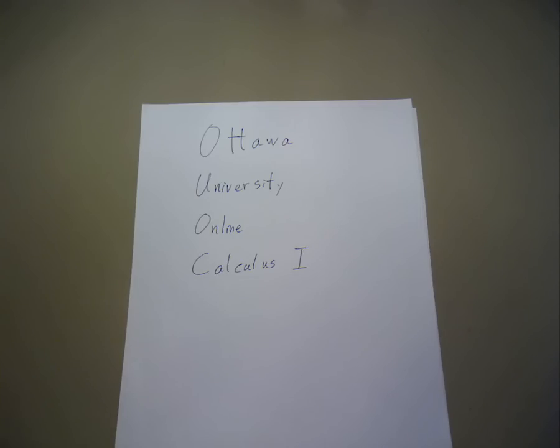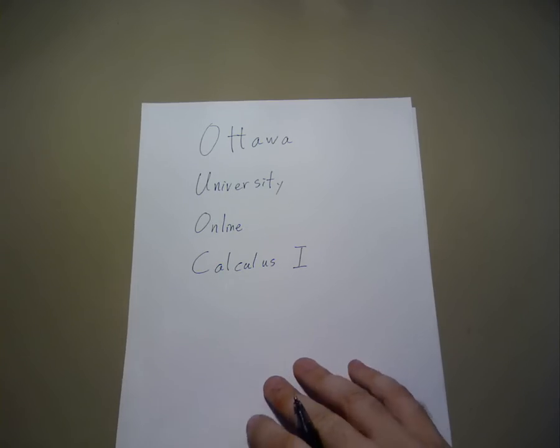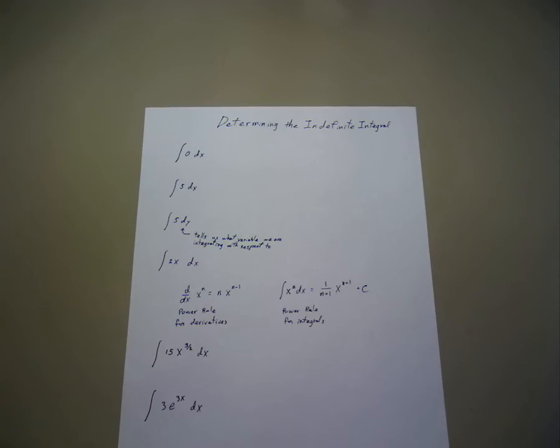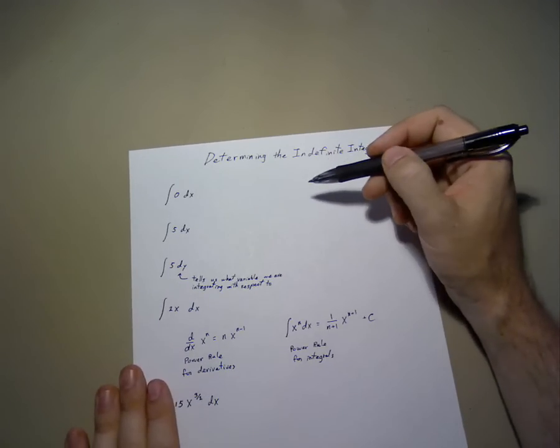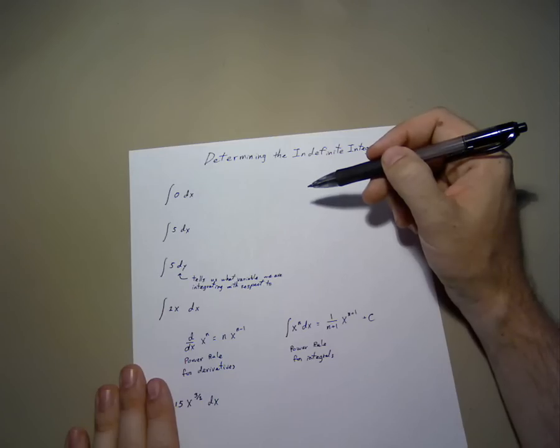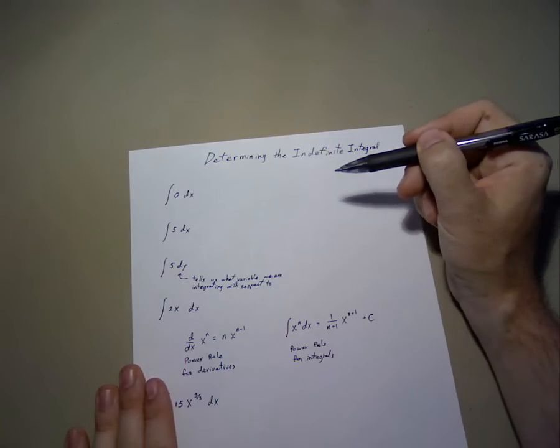In this video, we're going to look at how to analytically determine the value of the indefinite integral, otherwise known as the antiderivative. When we first started learning about derivatives, we first used the limit of the difference quotient to find the derivative. Then we learned rules to make it easier.